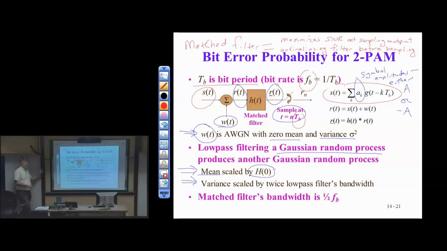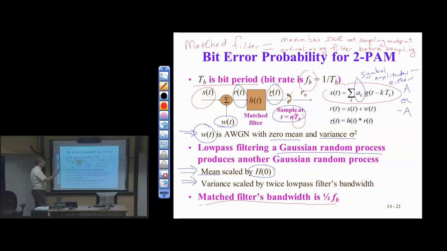And the sampling rate here is the bit rate. So some measure of bandwidth is half FB. You can pick your favorite measure, whether it's the stop band frequency or the cutoff frequency. We tend to go with cutoff frequency here. But some measure of bandwidth is half the sampling rate. Okay, so we have two roles to play.